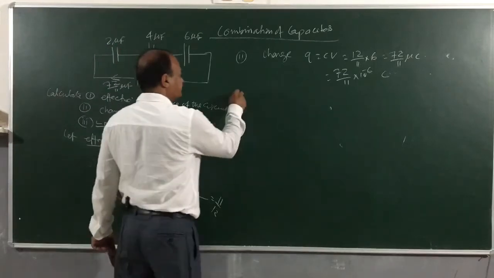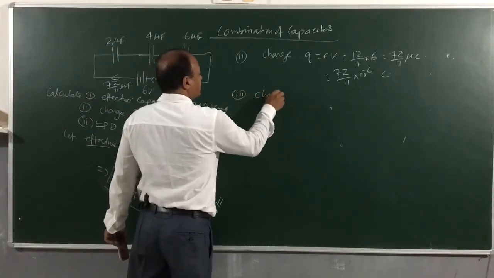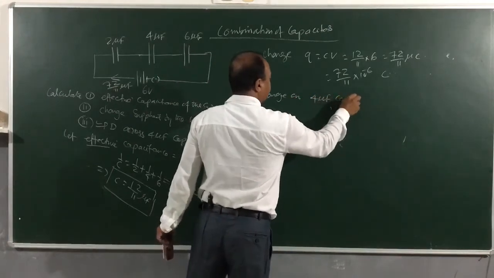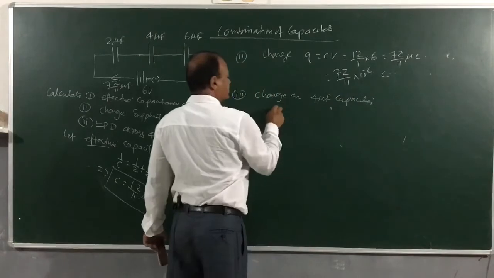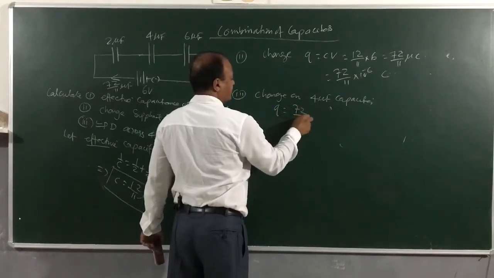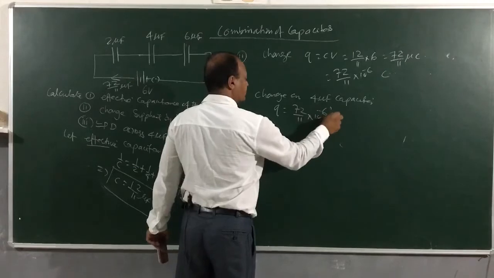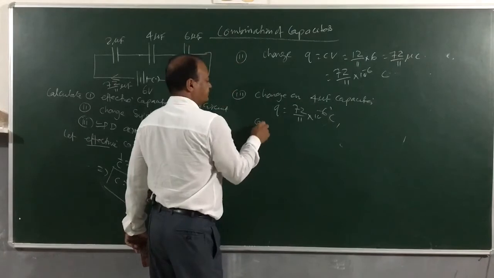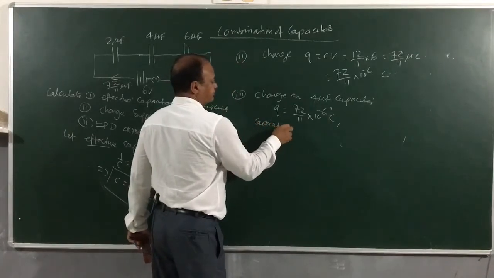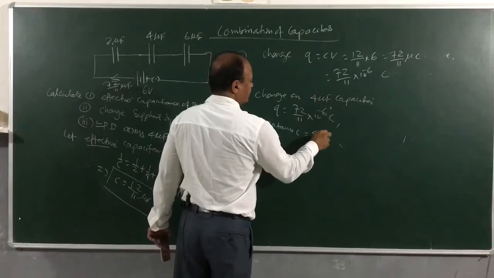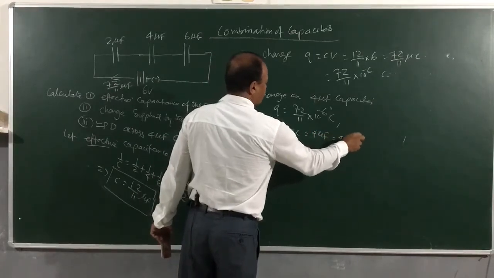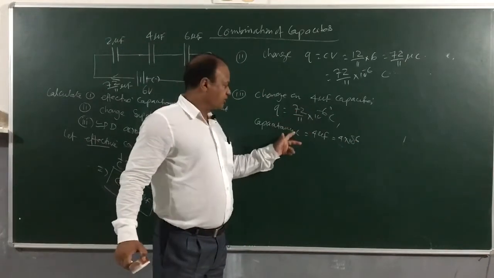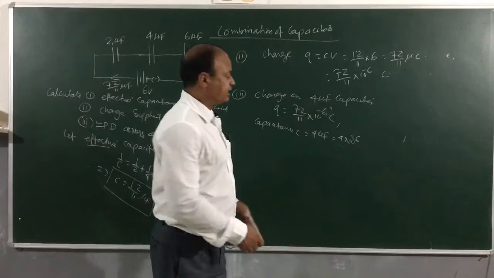So we say here charge on 4 microfarad capacitor, Q is 72 by 11 into 10 to the minus 6 coulomb. And how much is capacitance? C is equal to 4 microfarad, which is 4 into 10 to the power minus 6. Remember, as the charge has been converted into coulomb, we have to convert capacitance also into basic unit, that is farad.